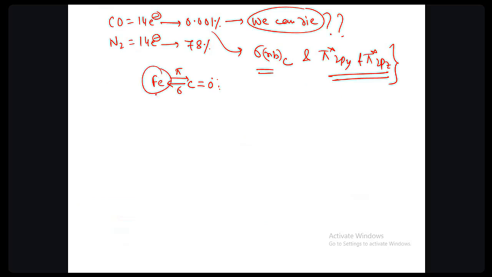So hemoglobin forms carboxyhemoglobin, and due to that a man can die immediately. But nitrogen has no such sigma non-bonding electrons for donation. That's why nitrogen is unreactive towards metals. This is a very important reason why carbon monoxide is so toxic.